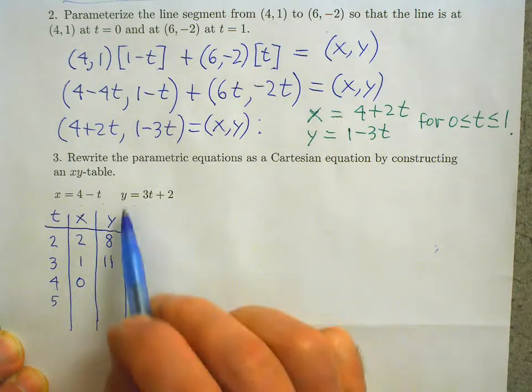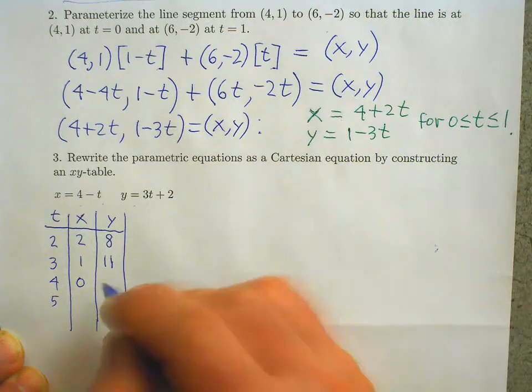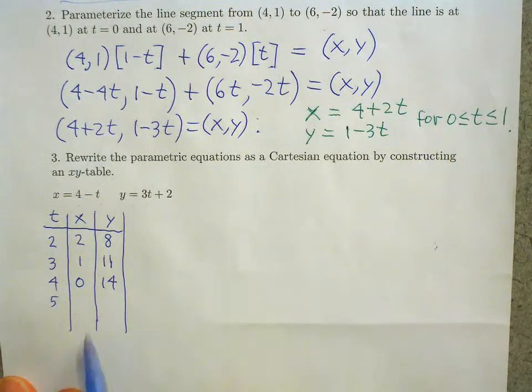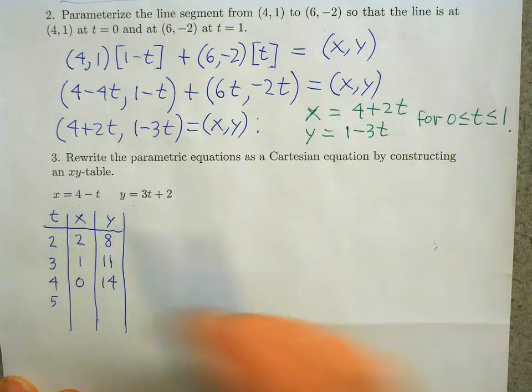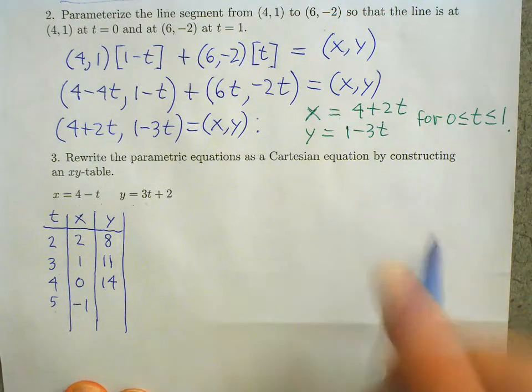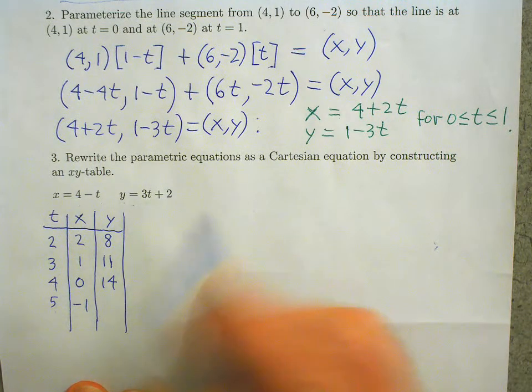And the y value is 3 times 4 plus 2. 12 plus 2 is 14. And we'll just do one more value for t. If t is 5, the x coordinate 4 minus 5 is negative 1. And the y value, 3 times 5 plus 2 is 17.